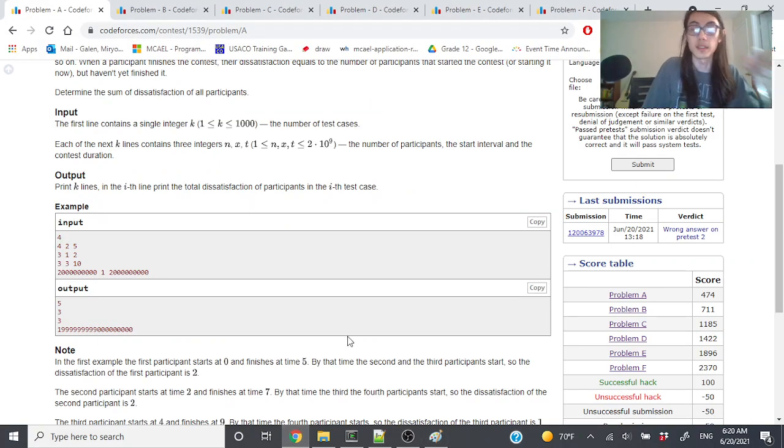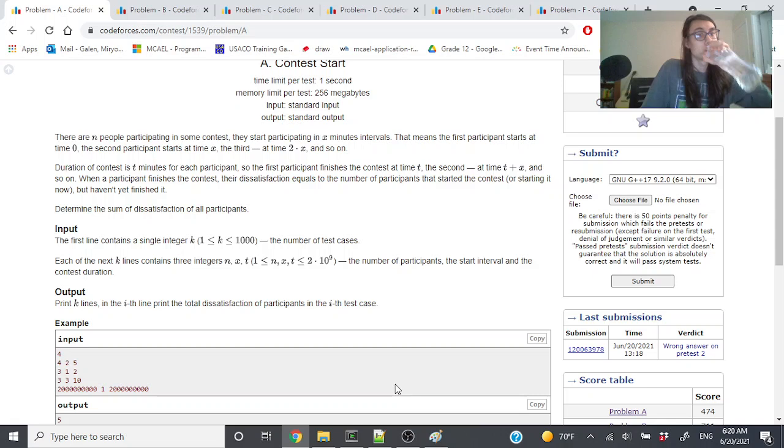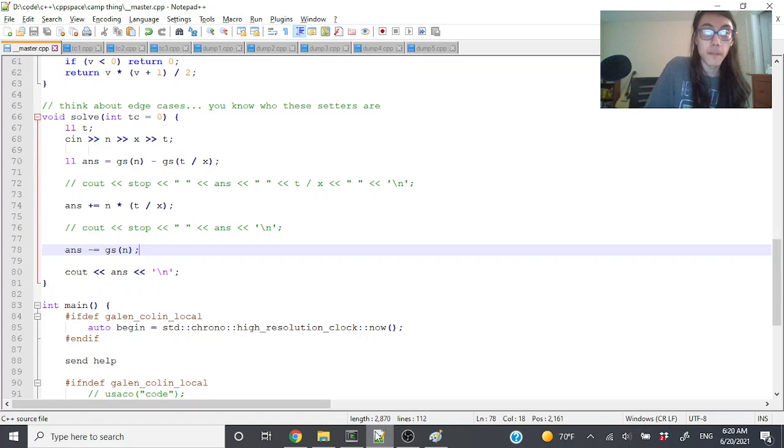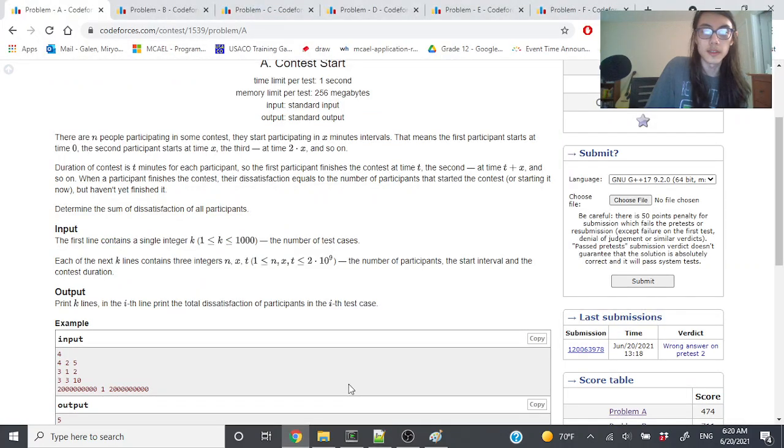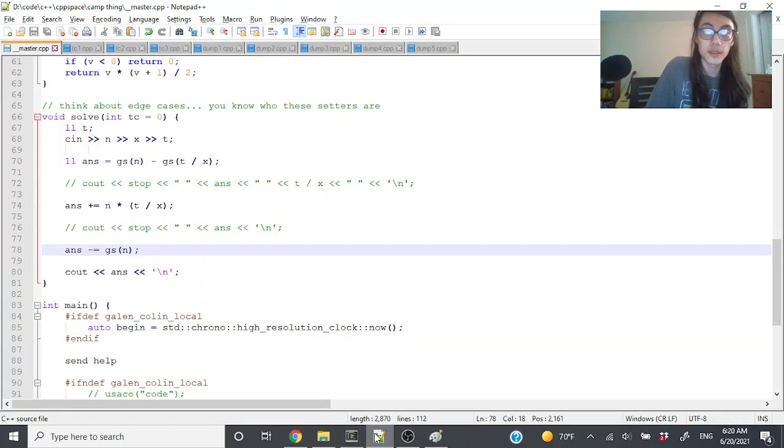How would it not always hit n? Because we can always count our cells. Can it overflow? I mean, it's 2e9 squared at worst. It's at worst, yeah, 2e9 squared.